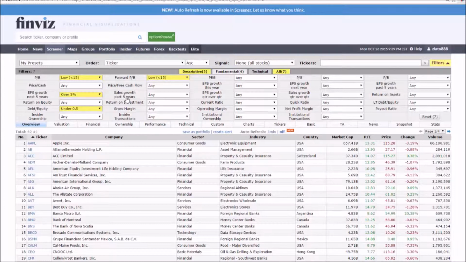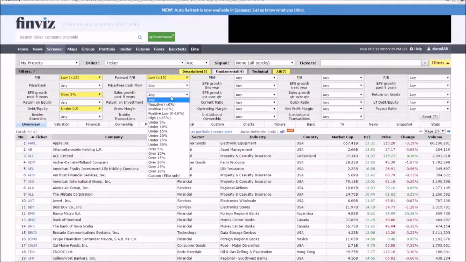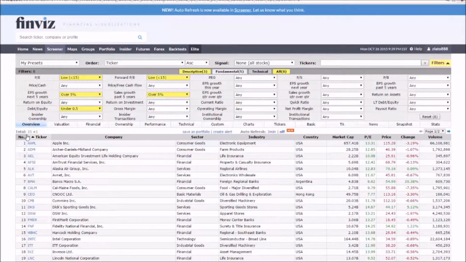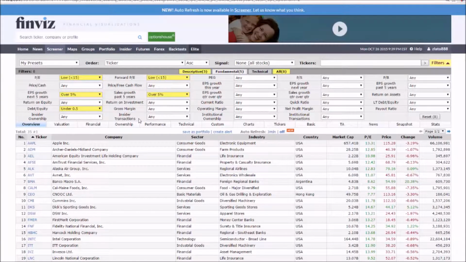And sales growth over the past 5 years is important, because if you're looking at growth in the future, it's always good to look at past growth. I just put over 5%, and I can see that 35 companies kept growing.